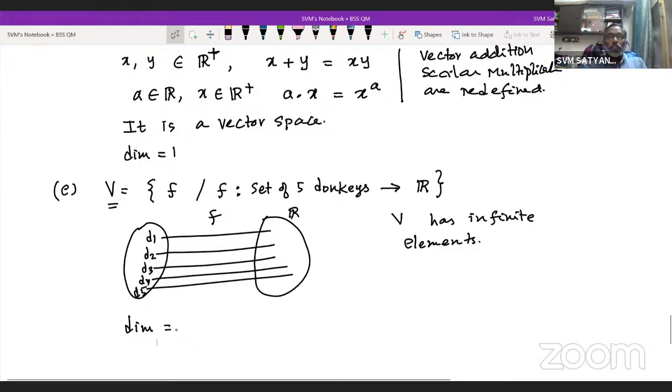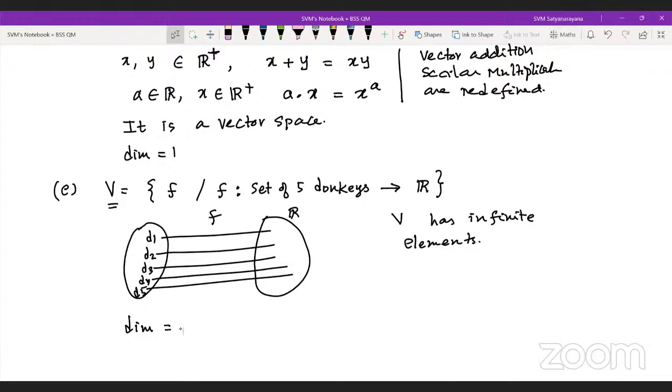Abhijit, what is the dimension? Sir, I think it is 1 because it is related only one time.